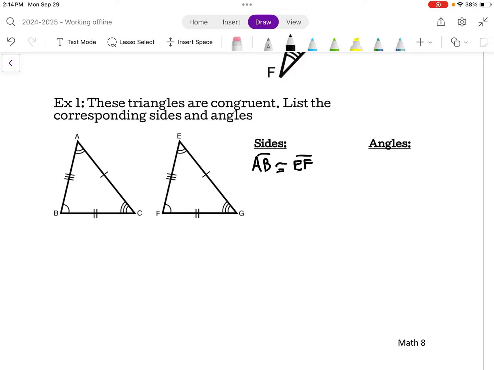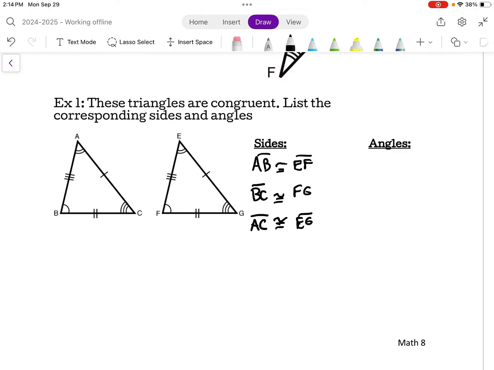And then BC, with the 2 markings, is congruent to FG. And then AC, with the 1 marking, is congruent to EG, with the 1 marking. So that shows that all 3 sides are congruent.